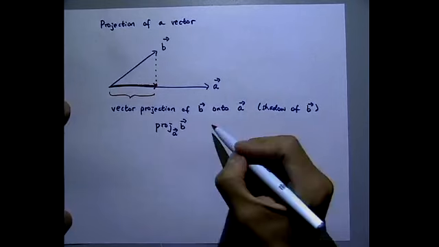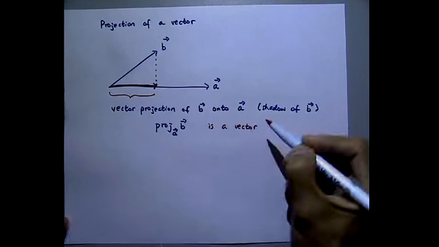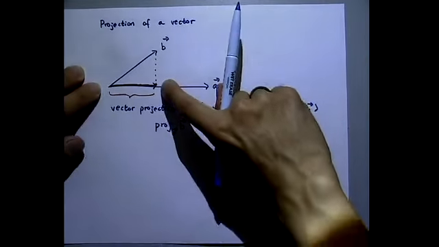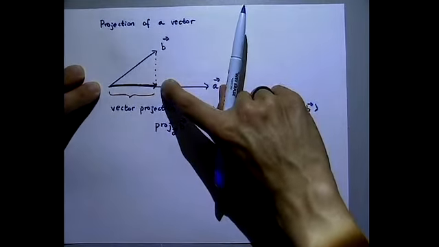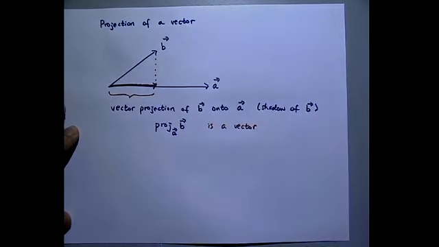The vector projection is obviously a vector. We'll come back to the vector projection in a little bit. It turns out that it's easier to find the magnitude of that projection first, and then we'll come back to the actual vector.